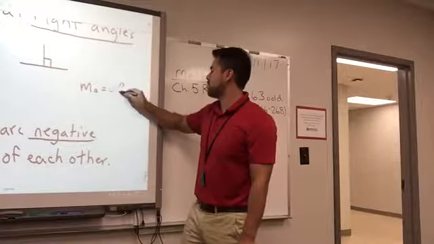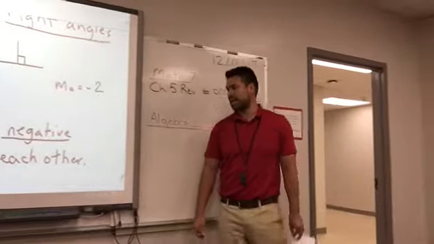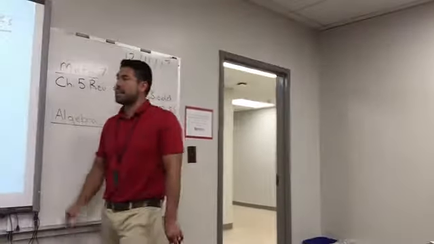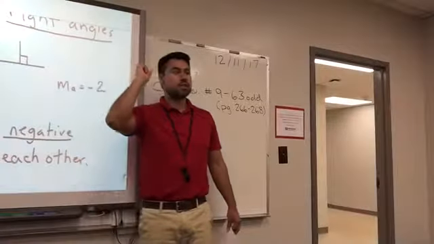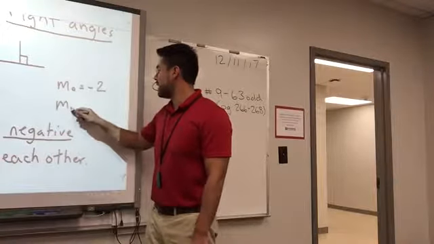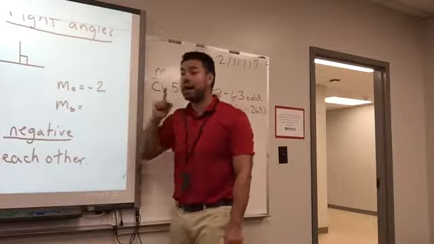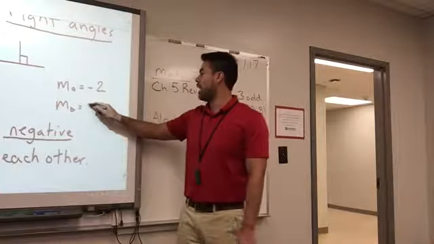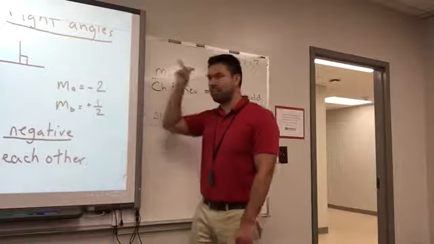The slope of line A is -2. That means I automatically know what the slope of line B is. The slope of line B is going to be positive 1/2, automatically.